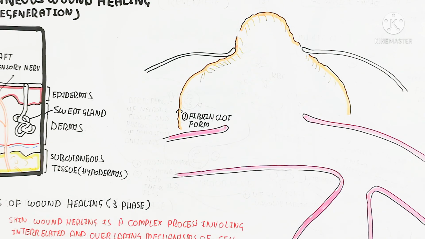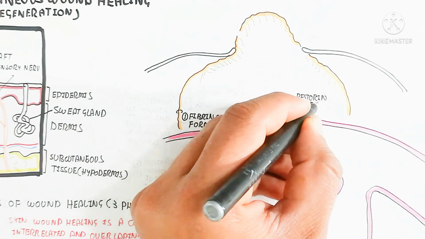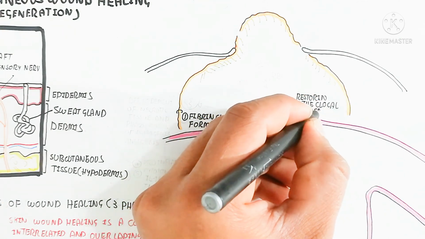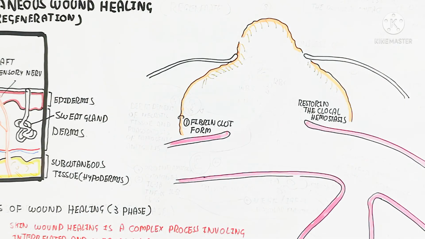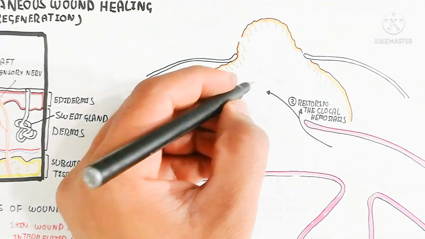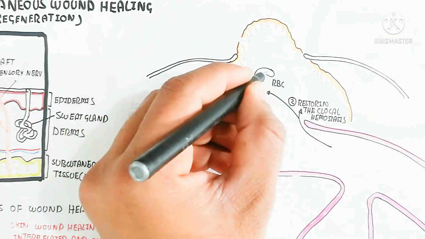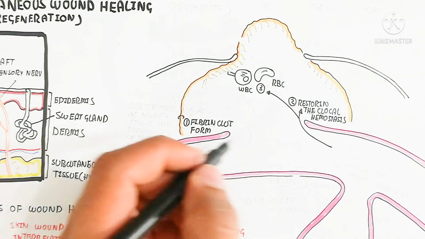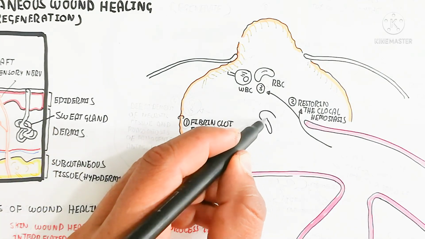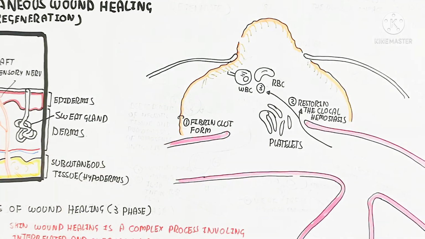Local hemostasis means the WBC and RBC will be restored. And after this, platelets are the number one thing that will migrate, and the clotting will occur. After the clotting occurs, the WBC and RBC will be restored, and that is known as restoring the local hemostasis.